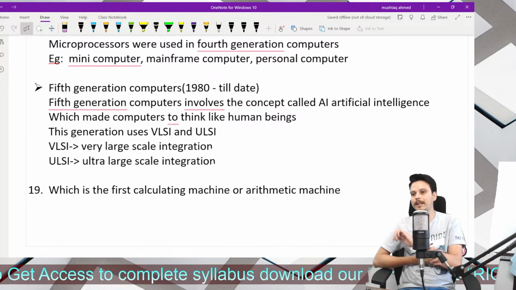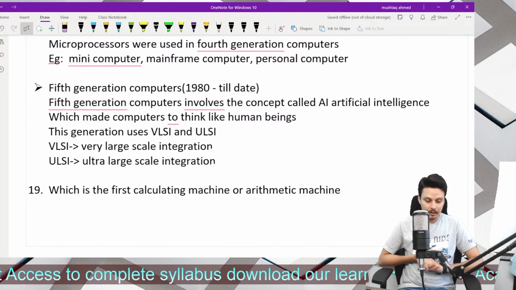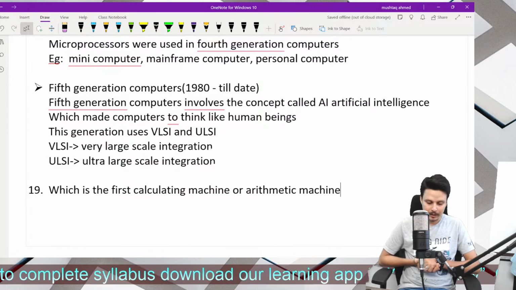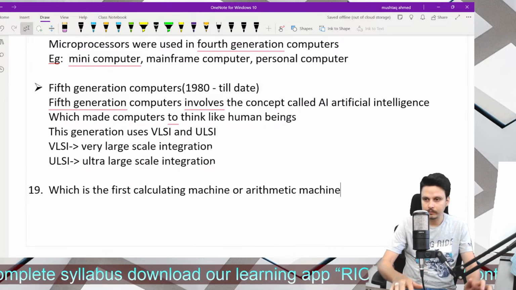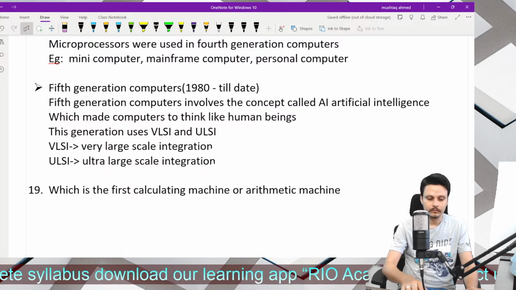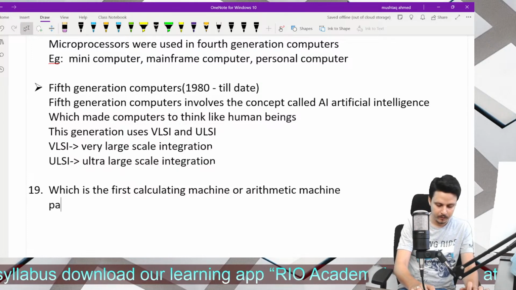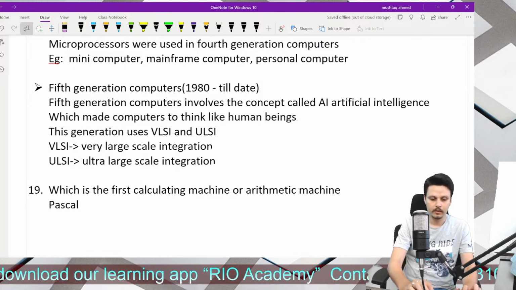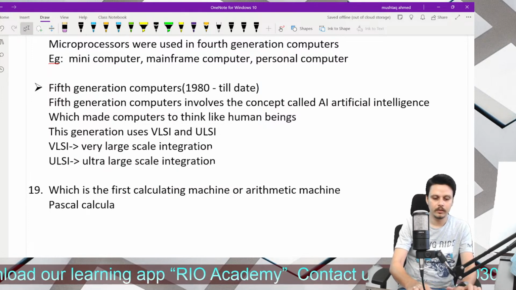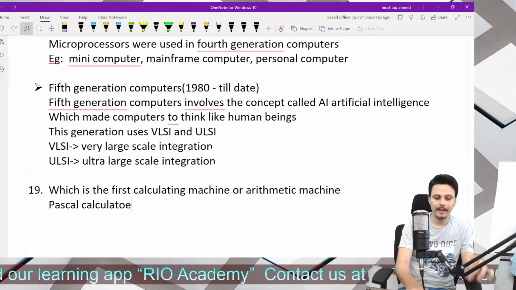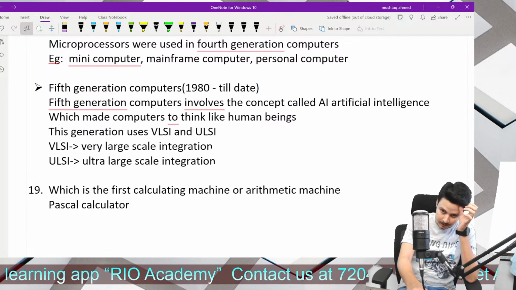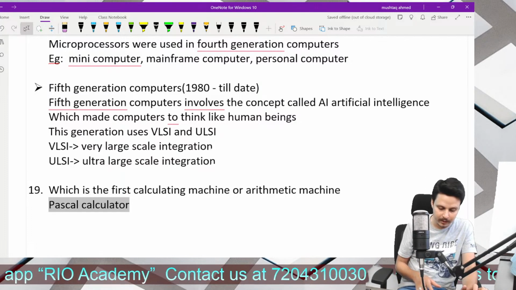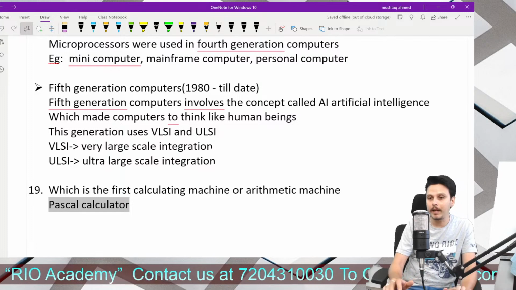It is Pascaline, the Pascal calculator. Pascal calculator is the answer. Pascal calculator is the first calculating machine. It is the first calculating machine invented by Pascal.